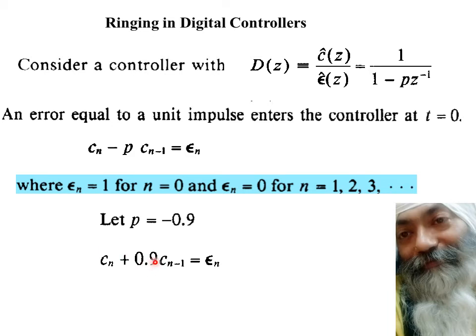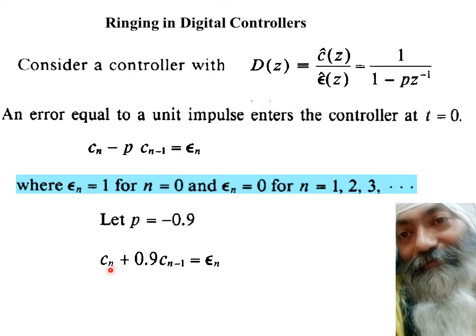However, we will see that the moment we put this value of 0.9 over here, we have Cn plus 0.9 Cn minus 1 equal to epsilon n. To start with, we take that the controller has no output. At time t equal to 0, epsilon n is 1, so Cn becomes 1.